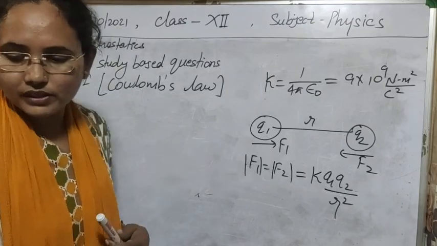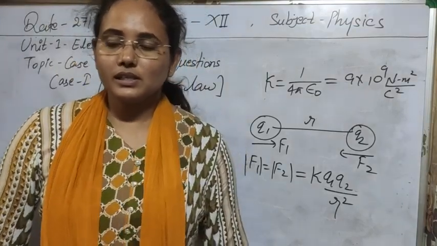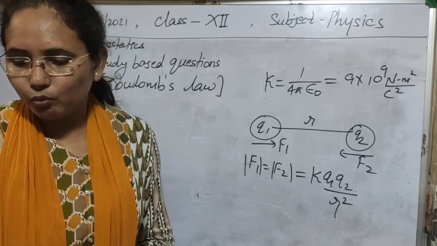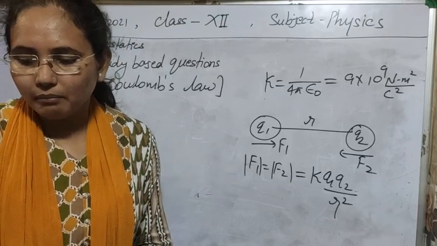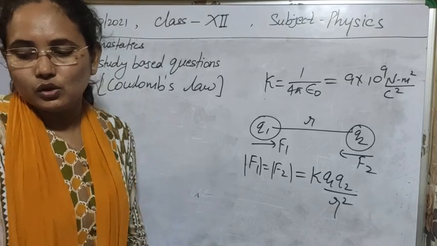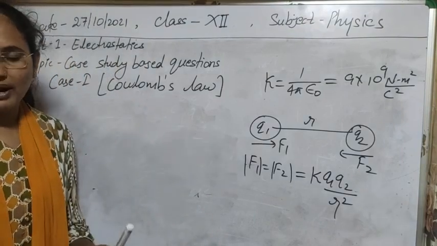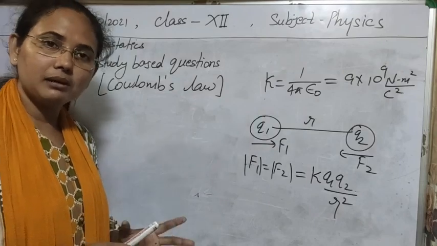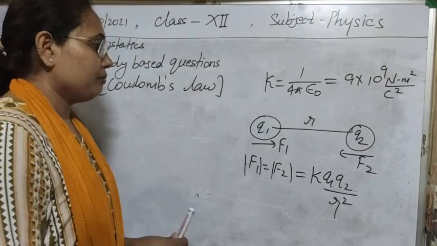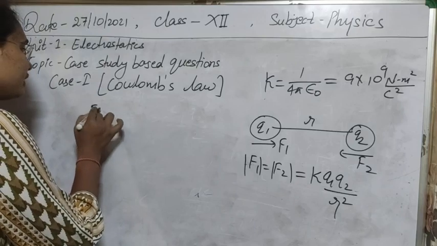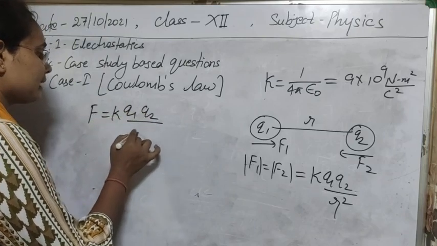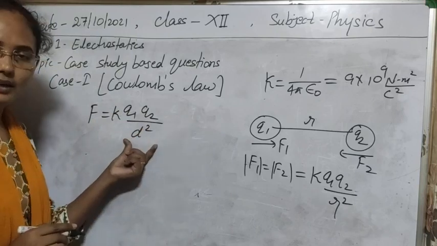Now let's see the next question of this case study. The next question is: find the minimum value of the force acting between 2-point charges placed 1 meter apart from each other. First of all, what is the force between 2-point charges with charges q1 and q2 separated by the distance d?